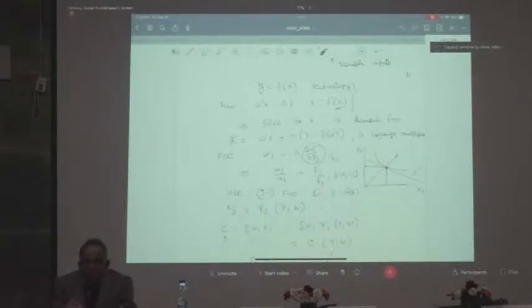So this L is the Lagrangian, which I write W prime x. You have more than one x, and then plus lambda, that is the multiplier, and then y minus f of x. Okay. So this is the function that you are minimizing, and FOC is the first order condition with respect to each of the x's, right? So for the jth x, you take a derivative of this with respect to xj, you get wj.